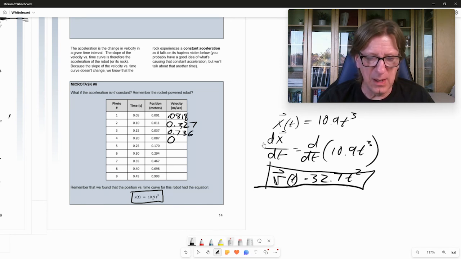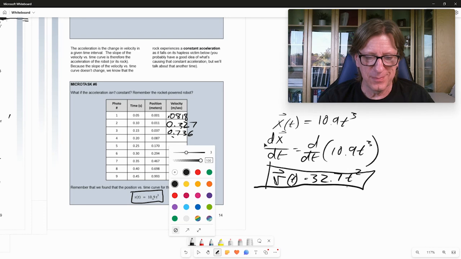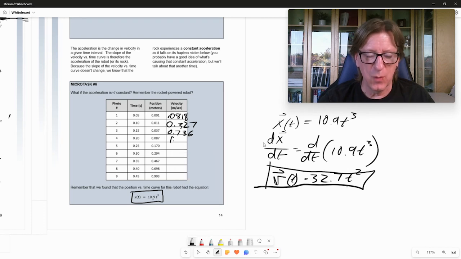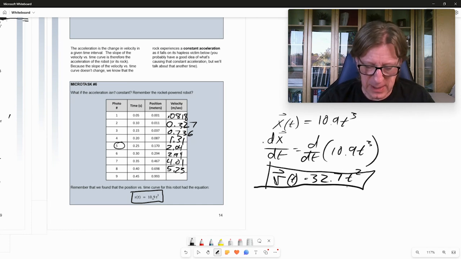Then 1.31 meters per second. Go on, check, make sure that you're getting all this. You remember we wanted it at 0.5, at 5, it was 2.04, and then 2.94, 4.01, 5.23 meters per second, and 6.62 meters per second.